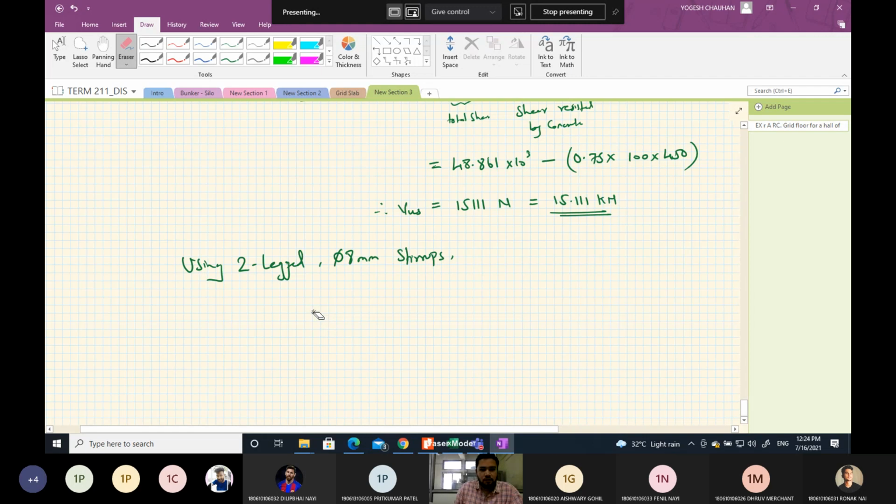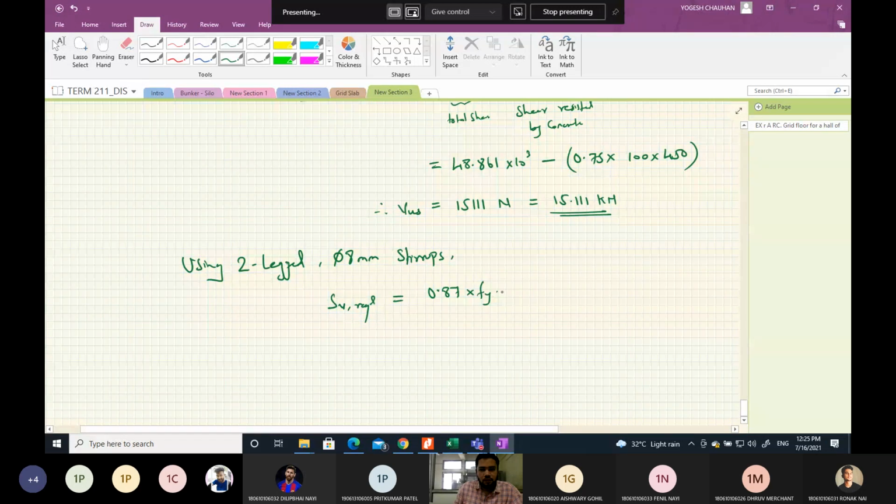We can have Sv required will be equal to 0.87 Fy Asv d divided by VUS.